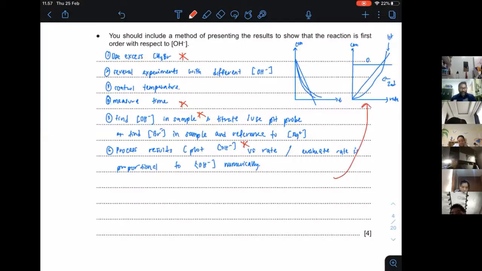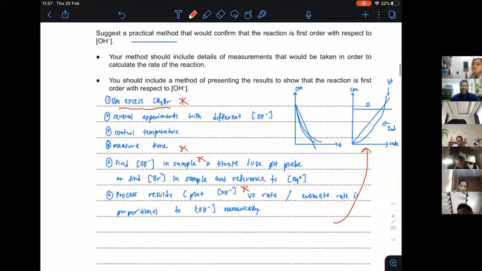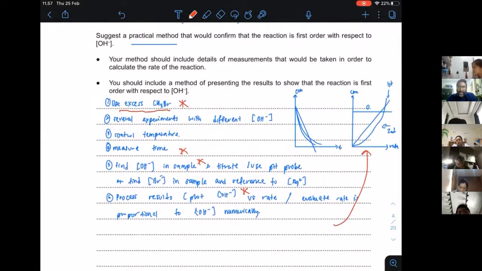Not so much, but you need to make sure that you mention that you are using excess CH3Br, or sometimes the question will ask why you need to use excess CH3Br when you are doing this analysis.